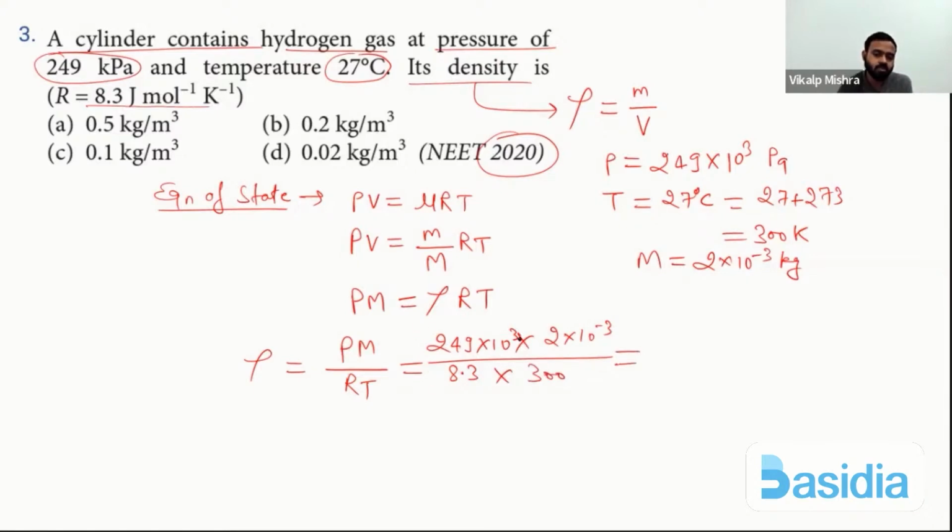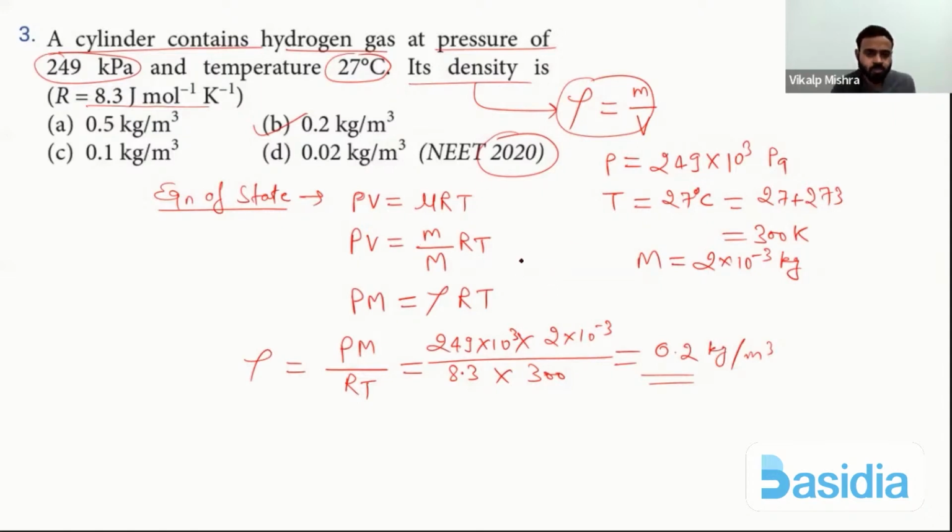If you will solve all the calculation, then you will get 0.2 kilogram per meter cube, and option B is correct. Okay, so I hope you understood. Simple question. Just we have to use this ideal gas equation, PV equals to mu RT. And here we have to make this formula of density by dividing mass by volume. Okay, simple.